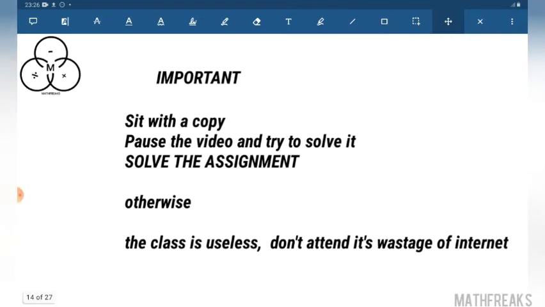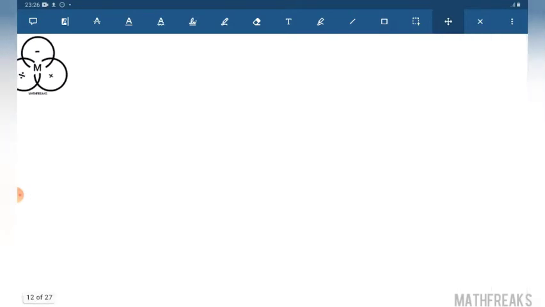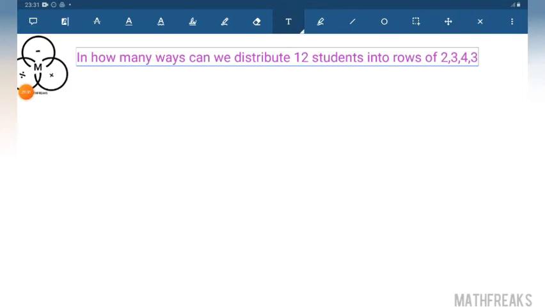Before entering the next topic, let's solve another problem. In how many ways can we distribute 12 students into rows of 2, 3, 4, 3?